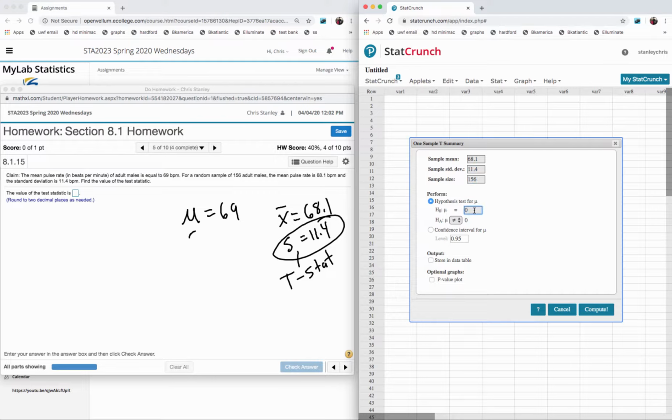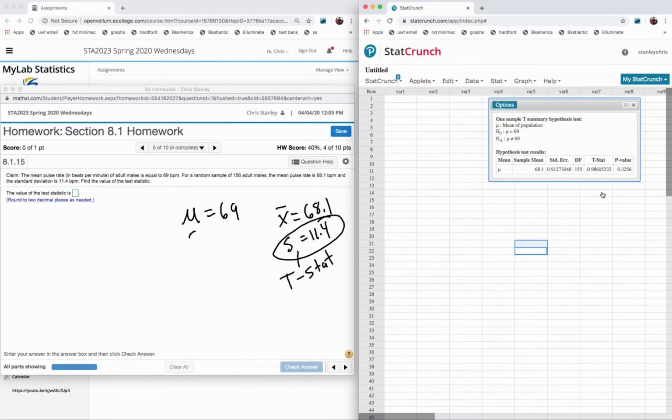Our hypothesis, let me write that down. The null is going to be 69. And the alternative, I'm looking for direction. They don't give me direction, so it's a not equal to. So is it equal to 69? Or over here, the alternative, is it not equal to 69? Our test statistic is the t-stat right here.